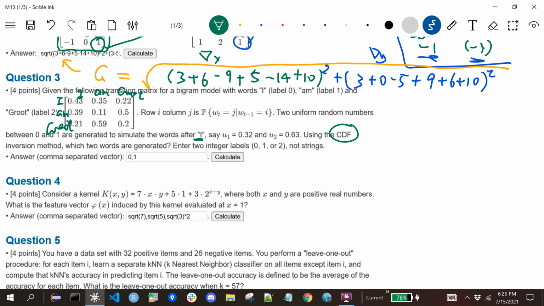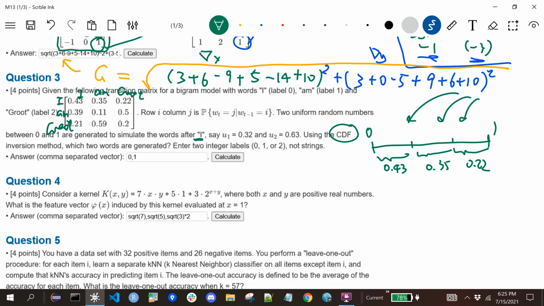If we start with I, then the CDF, you can imagine it on a number line, and we have 0.43 here, and 3.5, and then 0.22. And we're drawing a number between 0 and 1 that falls in one of these three bins.